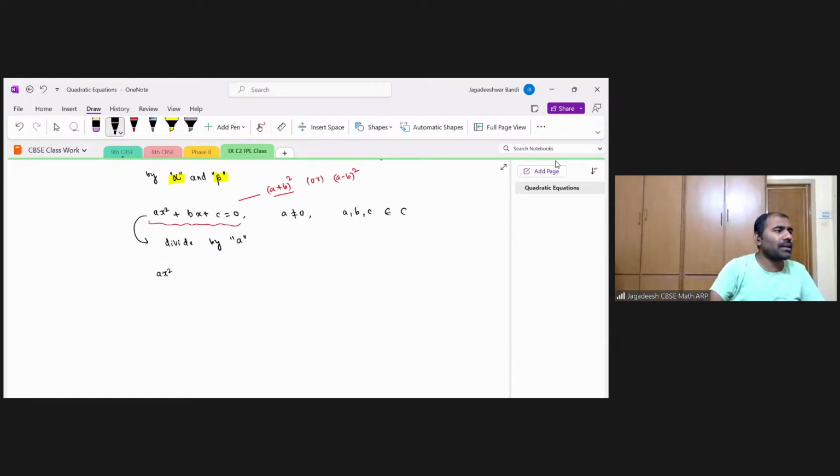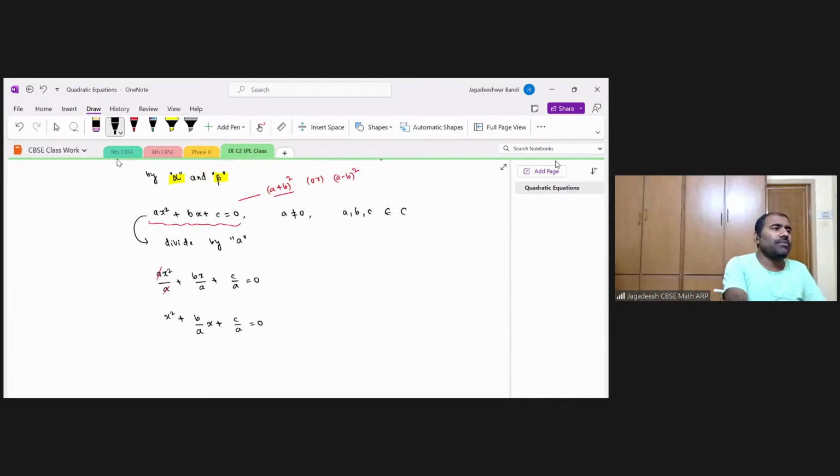So ax square by a plus bx by a plus c by a equal to 0. So the first step is divide the entire equation by a. Then here a gets cancelled. So we get x square plus b by a x plus c by a equal to 0 after dividing by a.